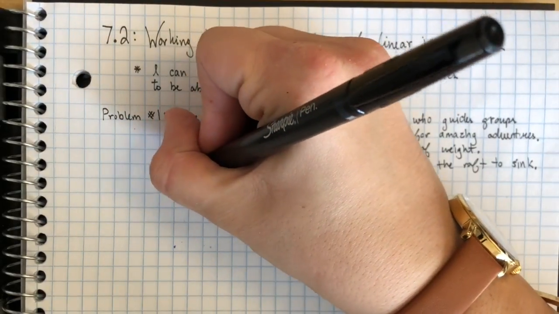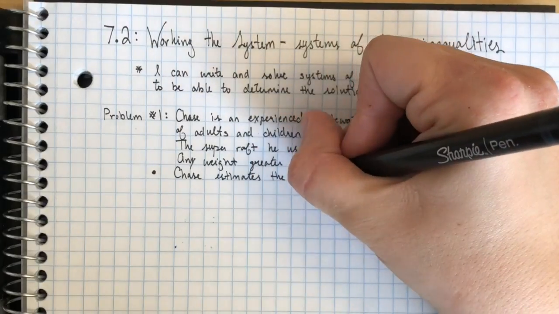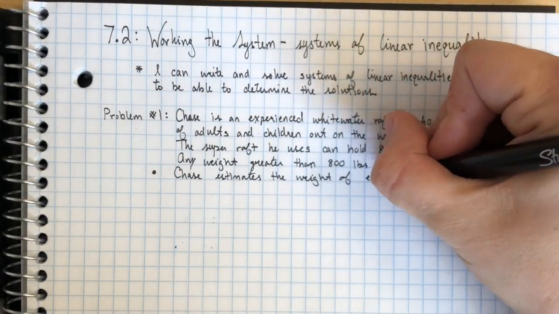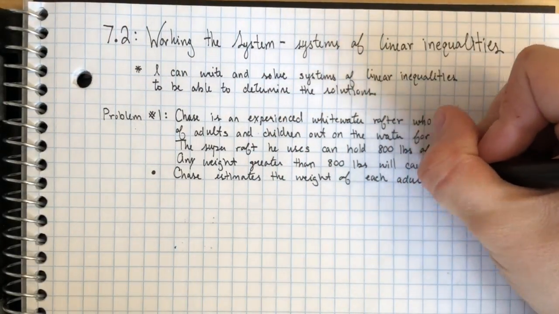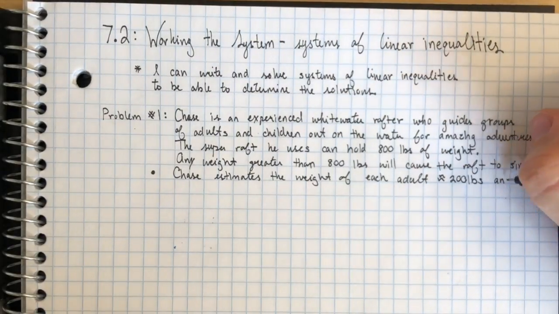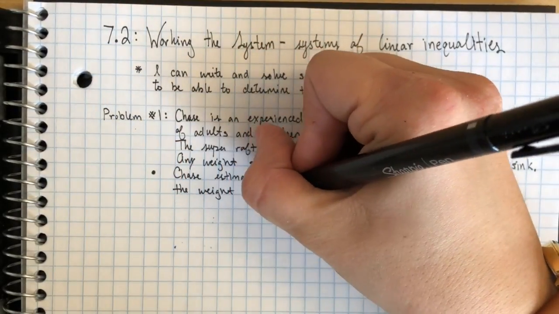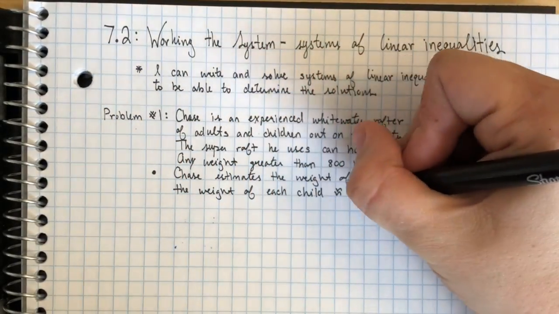So Chase estimates that the weight of each adult is approximately 200 pounds, and the weight of each child is approximately 100 pounds.